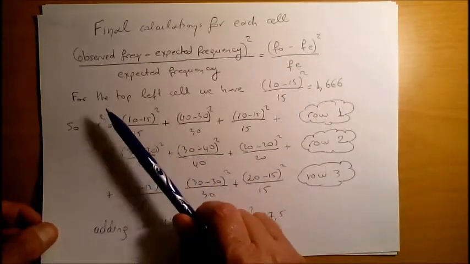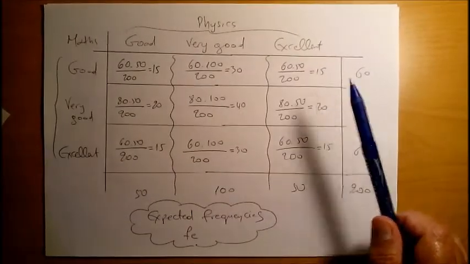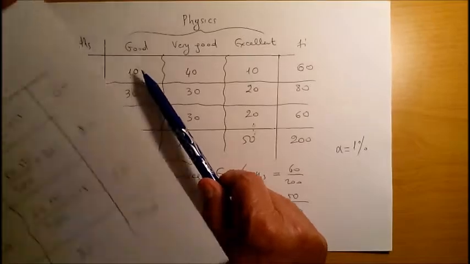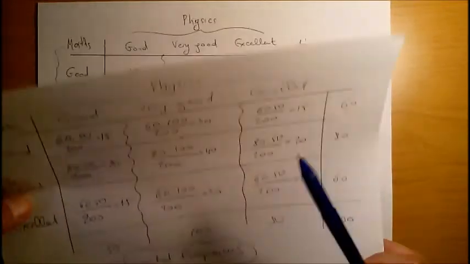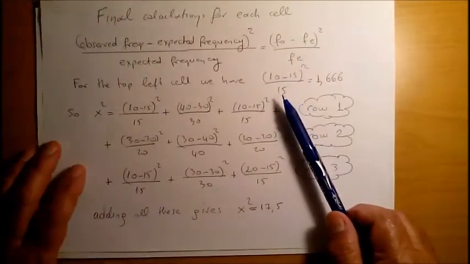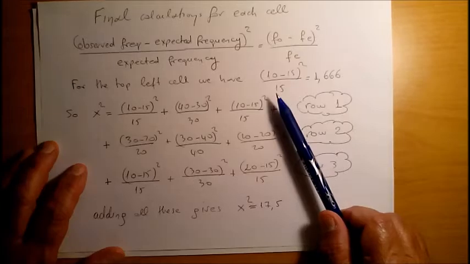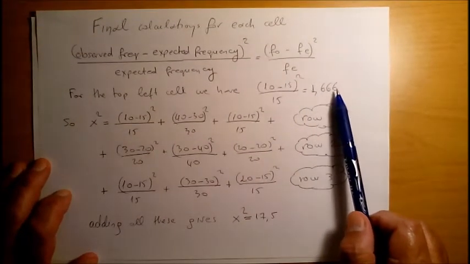So, for example, for the top left cell, we have 15 minus 10, or 10 minus 15, it's the same, raised to the power of 2, and divided by 15, which is our expected frequency, and this gives a result of 1.666.